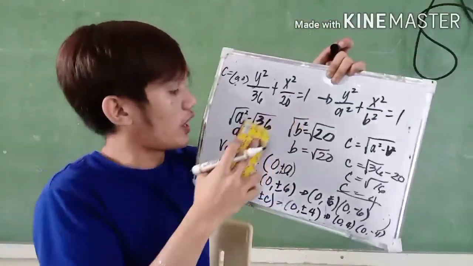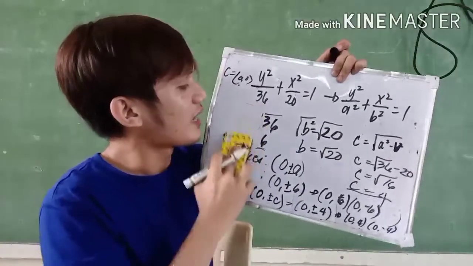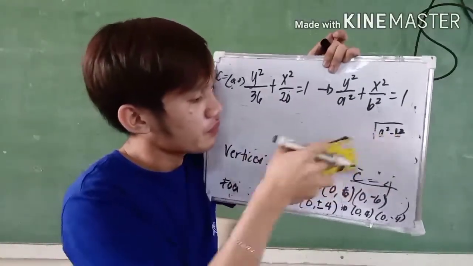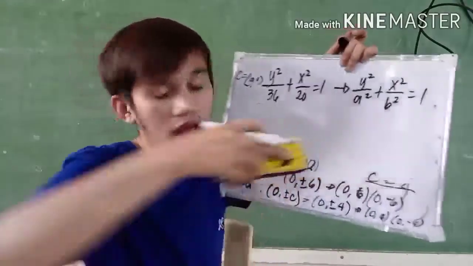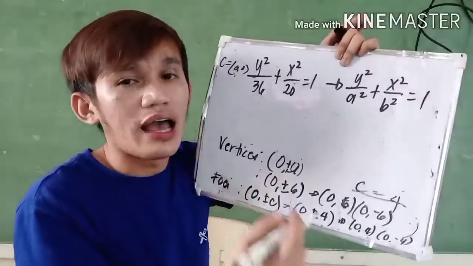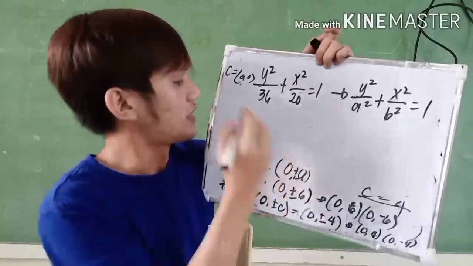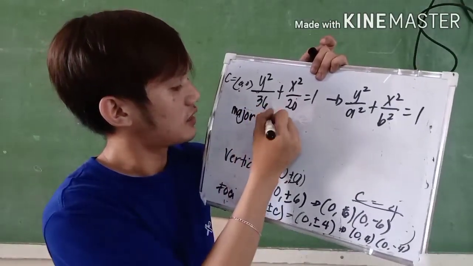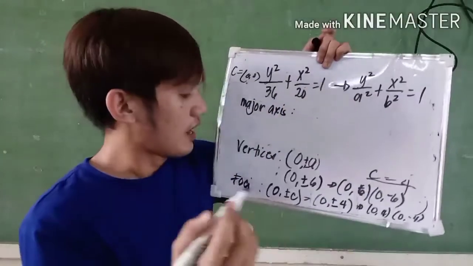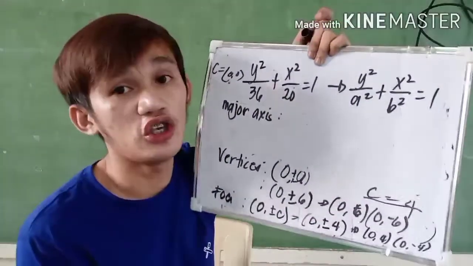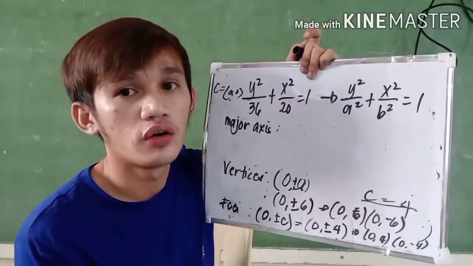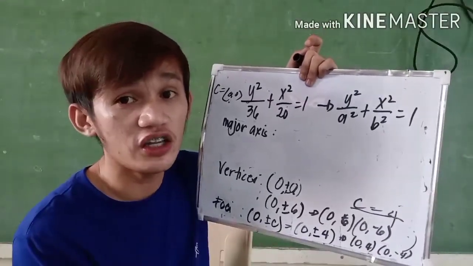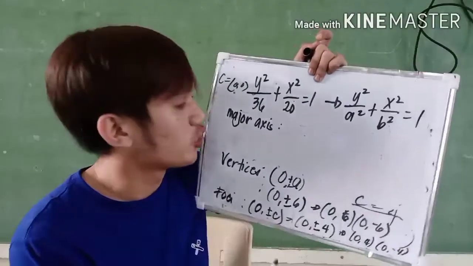Para makuha natin yung endpoints ng ating major axis, that is actually the same as when we look for the vertices. Kung ano po yung vertices ninyo, yun din po ang inyong major axis.